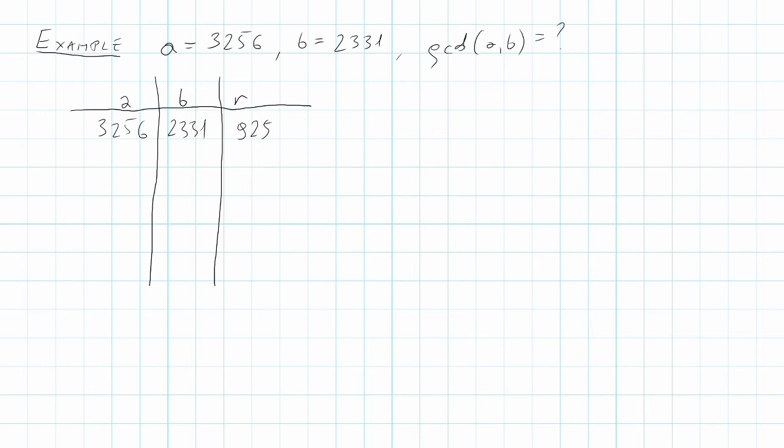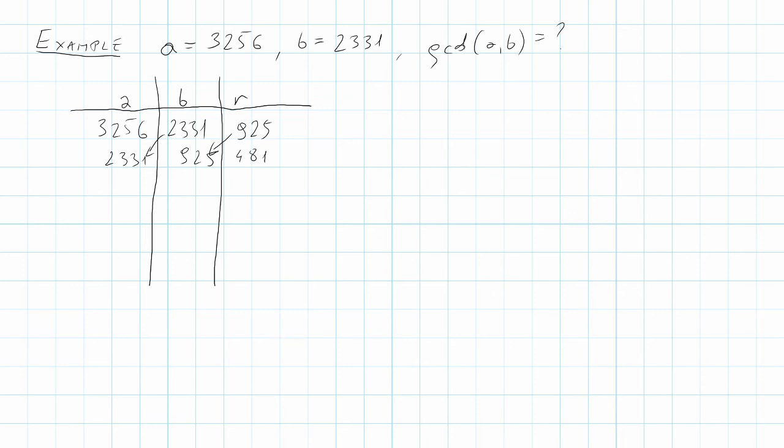We replace a by b and b by r. So now a would be 2331. B will be 925. And now we compute the remainder. And now 900 will fit twice into 2000, and the remainder, so it will be 1850, and if we subtract it, we will see that the remainder is 481.